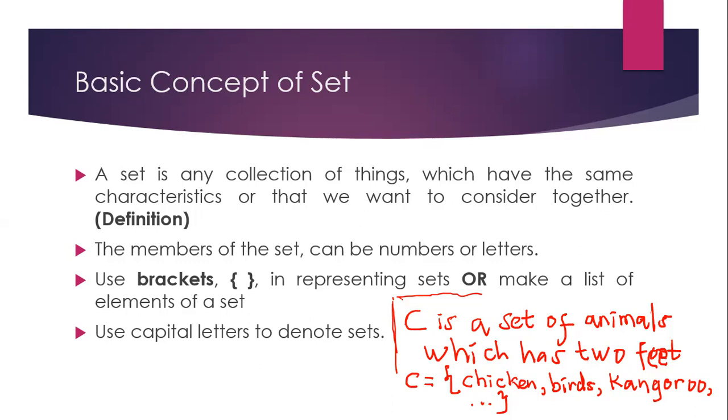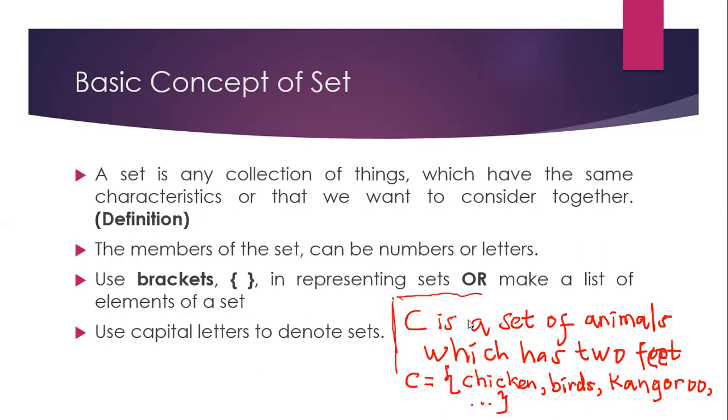Gunakan huruf besar untuk melambangkan sebuah himpunan. C is a set of animals. Okay, this example. We will see the example. C is a set which includes chicken, birds, kangaroo, and so on.